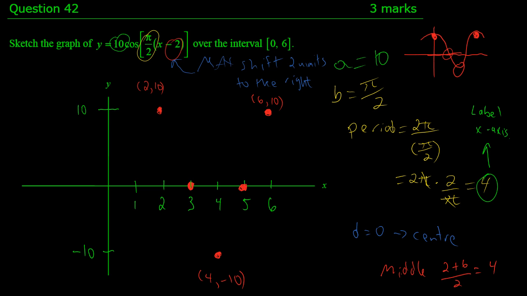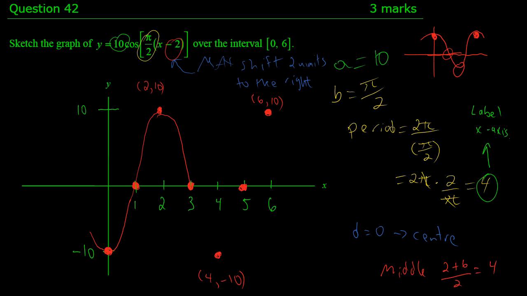Because they want to show a complete picture from 0 to 6, the pattern will repeat itself. It's at a maximum. It has to come back down to the center. And once it comes down to the center, it will go to a minimum once again, following that same pattern. So we'll draw a smooth curve here. All right, it goes down. And they want from 0 to 6, so I probably should erase the points beyond that.